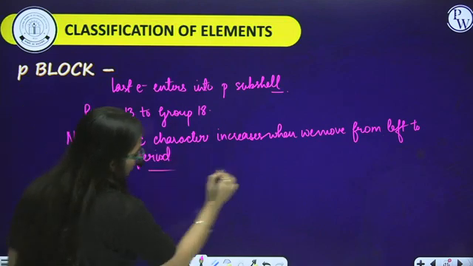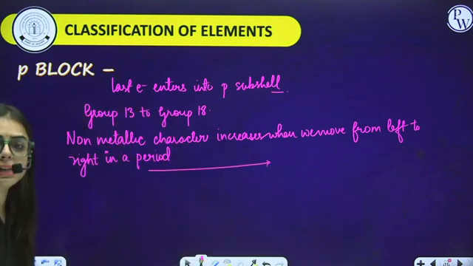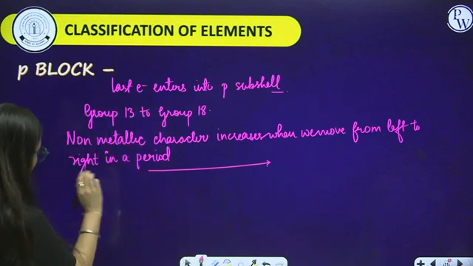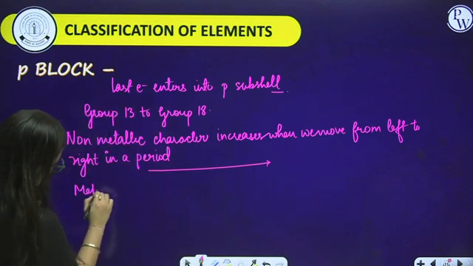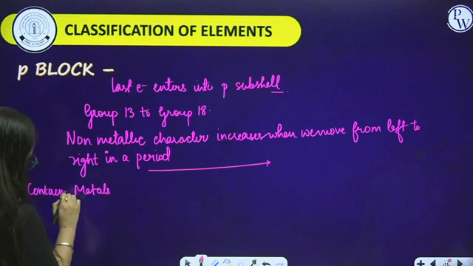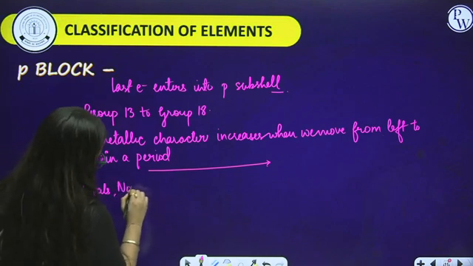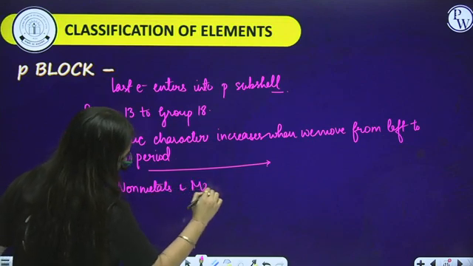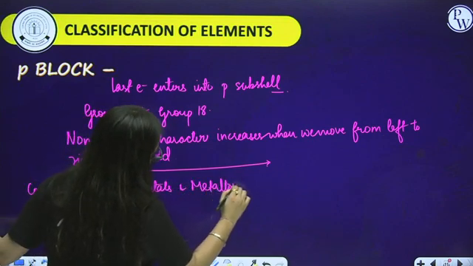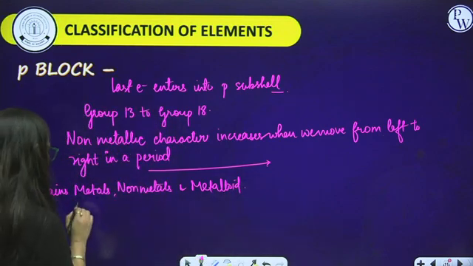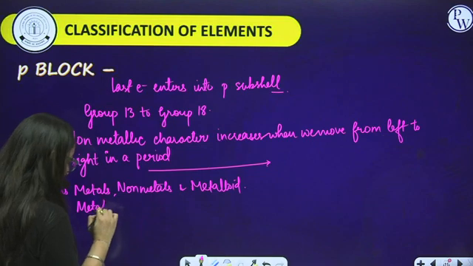That means you are moving in this direction, so non-metallic character will increase. That means the P block will contain more non-metals. The P block contains metals, non-metals, and metalloids, all of these three. But yes, non-metallic character will increase from left to right. Again, metallic character increases down the group.